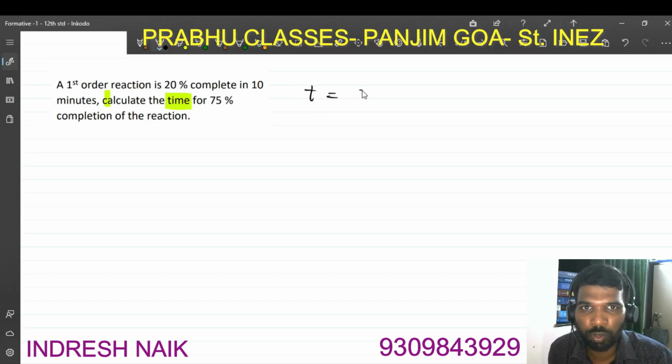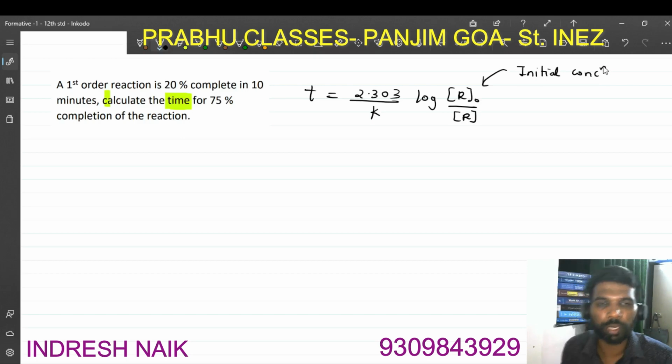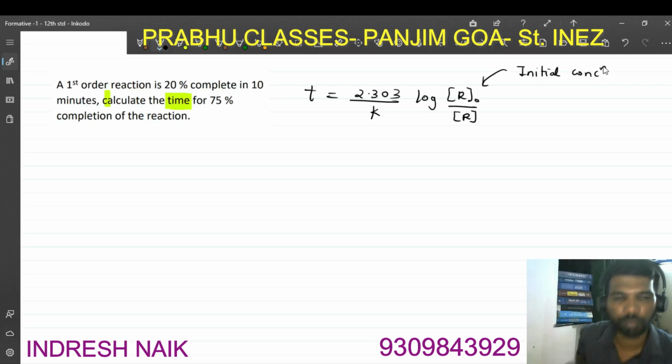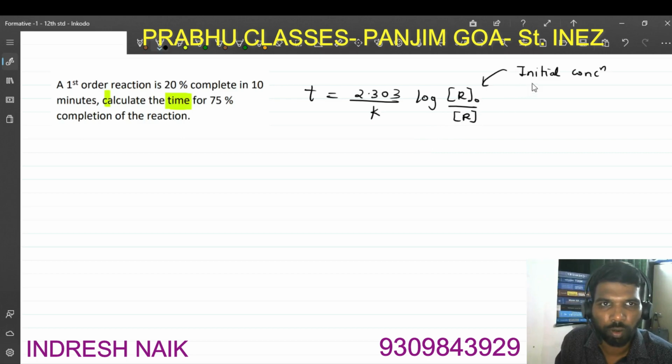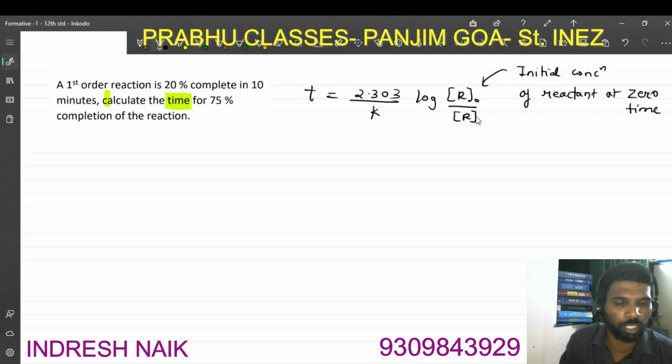Time is equal to 2.303 upon K log of R0 by R. Okay. So this R0 is the initial concentration of reactant at zero time, or when the reaction has just started.